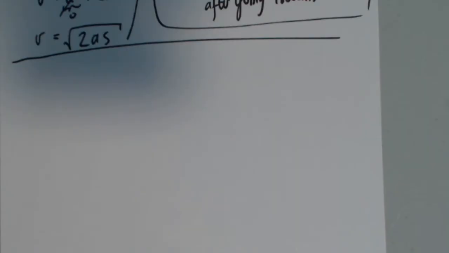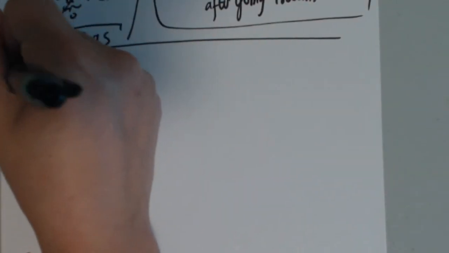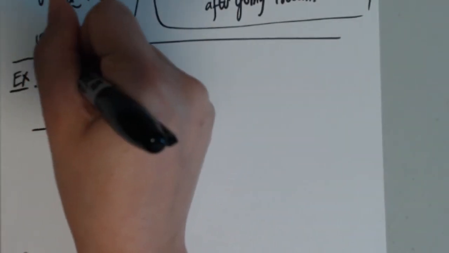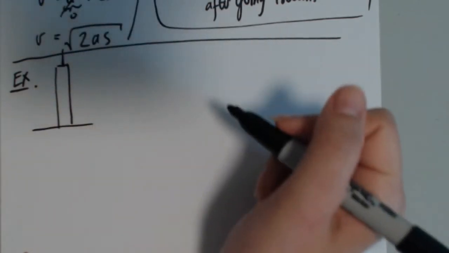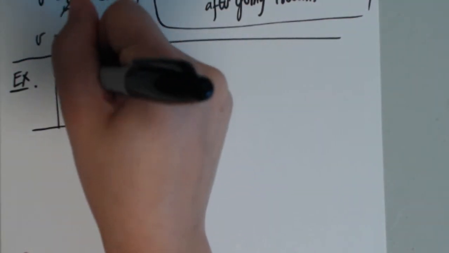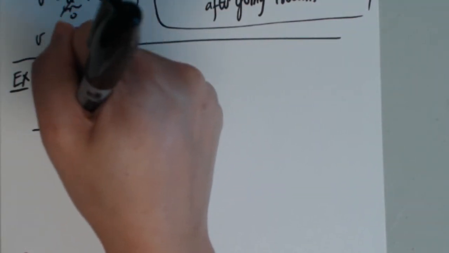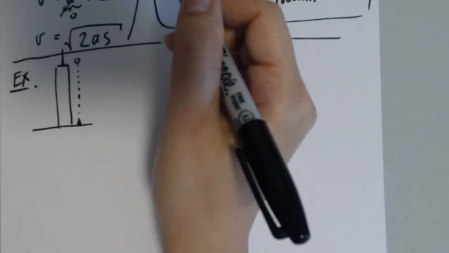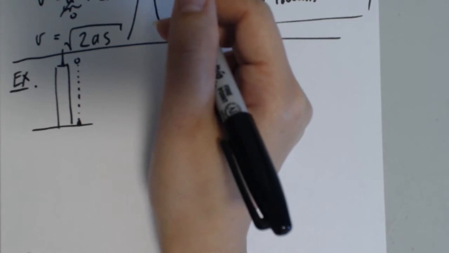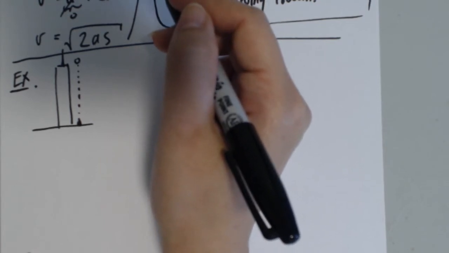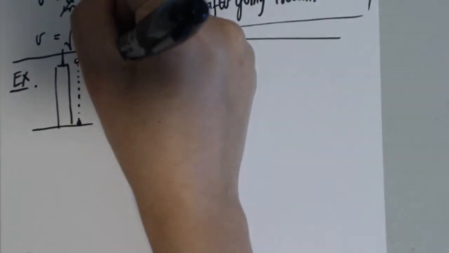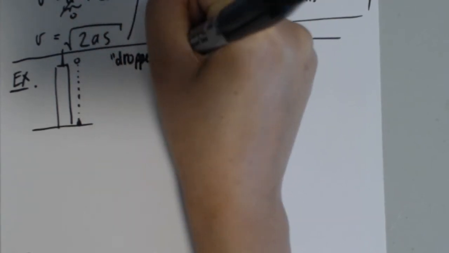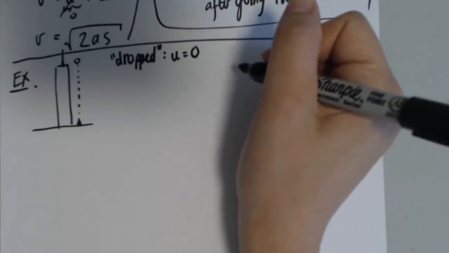All right, so let's go back to the page here. Now for this, I'm going to draw a picture. So here's my ground. Here's the building. This ball is dropped here, and it falls, and it hits down here. Now it's dropped. In physics problems, the word dropped is a keyword. When you see that word, you automatically know that the initial velocity is 0. And that's your clue.